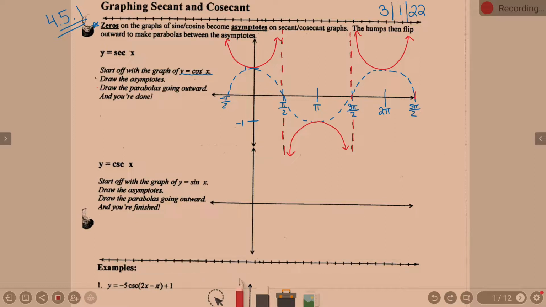And so the idea is that there would be another set of asymptotes, right? Realize when you graph just secant, and you look at secant on your calculator, it's just going to be alternating parabolas. Okay? That's all it's going to be.